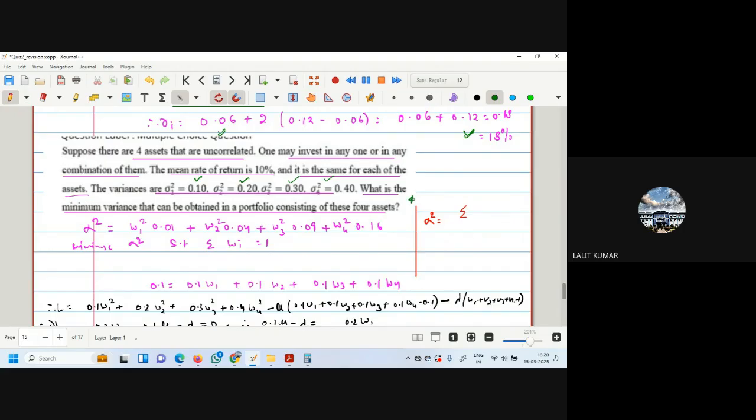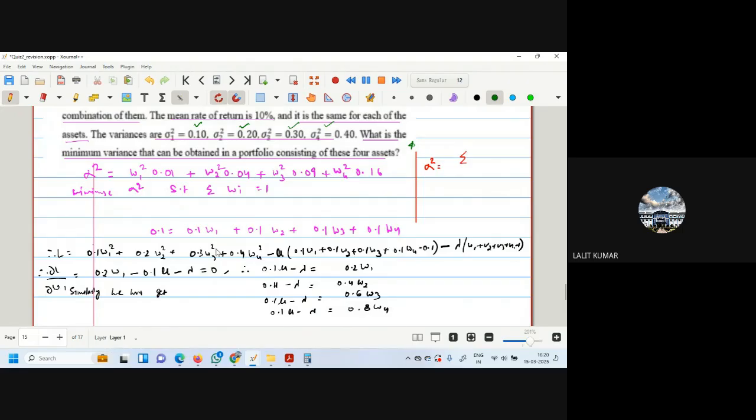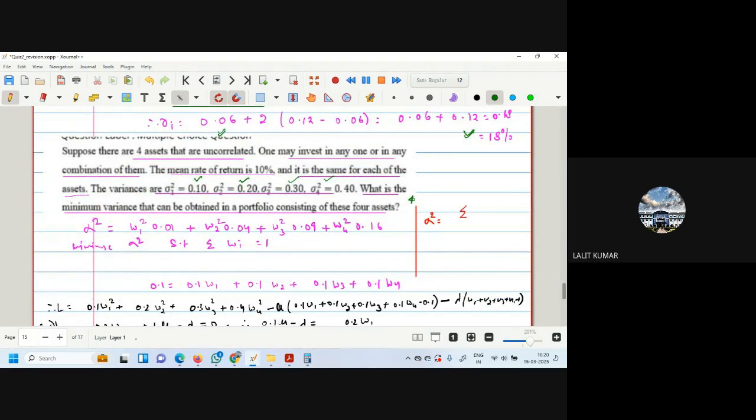Remember, we can use 2 methods. One is straight away a formula: if they are uncorrelated, then your sigma square is equal to 1 divided by the summation of 1 by sigma square. You use this formula, you'll get the answer.